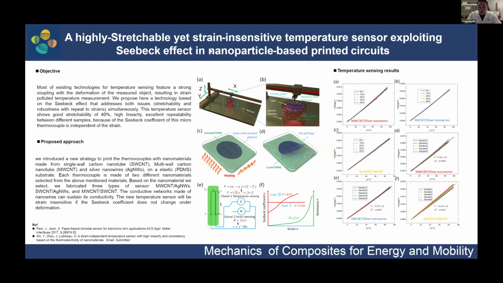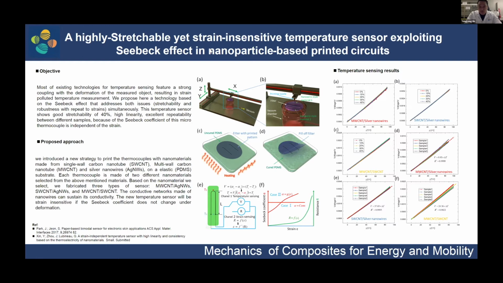In the left figures, we show the performance of this temperature sensor at different temperature gradients. For example, in figure A, we can see that the output voltage is almost linear with the applied temperature difference, and the strain has no influence on the performance of this temperature sensor.